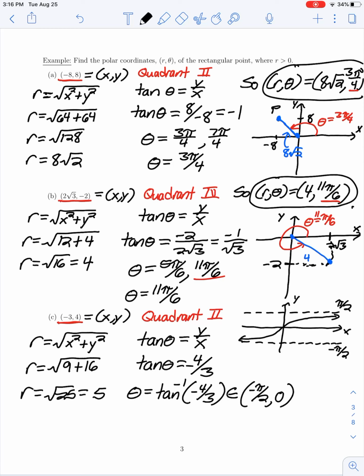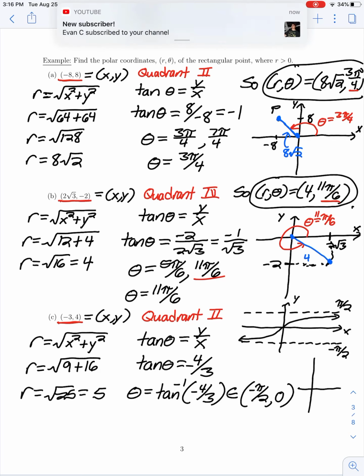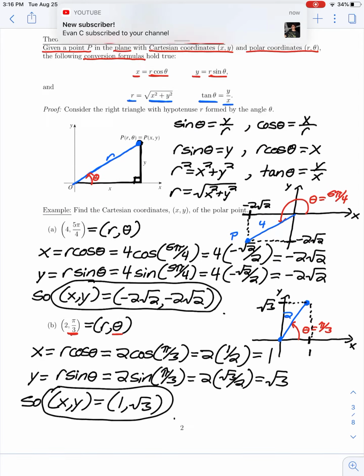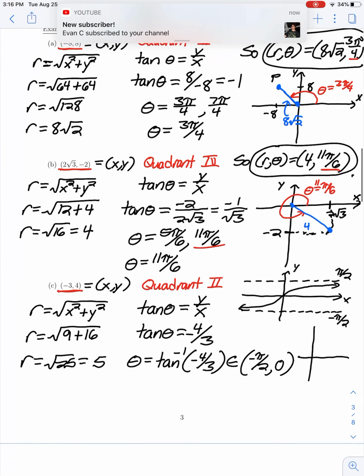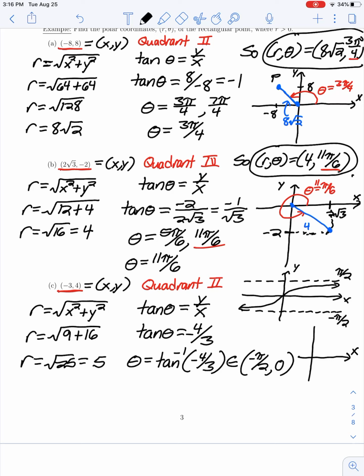So when I'm talking about the arctangent of some quantity, the angle that I'm defining must lie between positive and negative pi over 2. So that means that it would lie somewhere in the right half plane. But I want to be in quadrant 2, the second quadrant, which I can't get directly from this arctangent value.